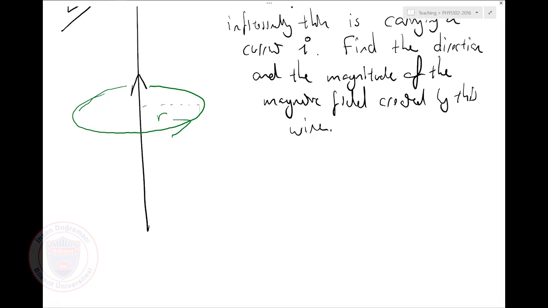Now, what was Ampere's law? It told me that the integral of B dot dl is mu 0 times I in. First of all, let's calculate I in. What is the total current passing through my loop? Well, whatever is being carried.